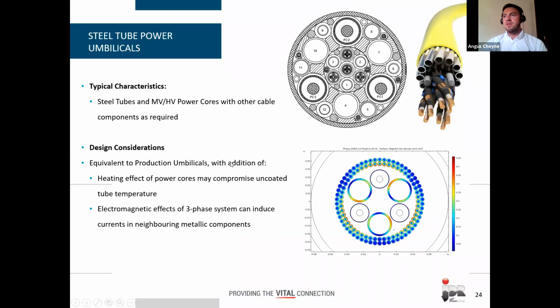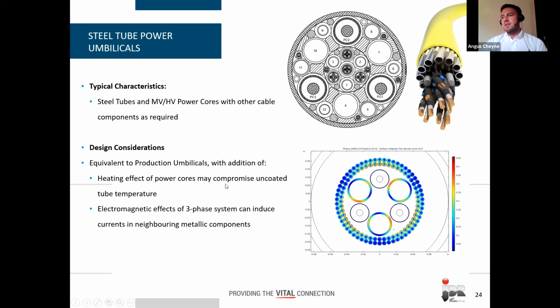So finally, in terms of the product group, I'll touch on steel tube power umbilicals. An example of one is shown on the right here, where we have a combination of steel tube and power functionality, as well as other signal components as well. The considerations are very similar to what we discussed already for production umbilicals, with some important additions.